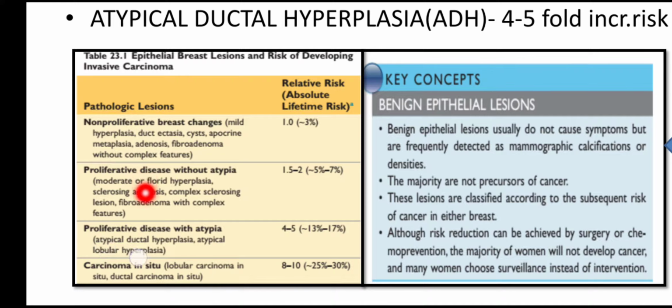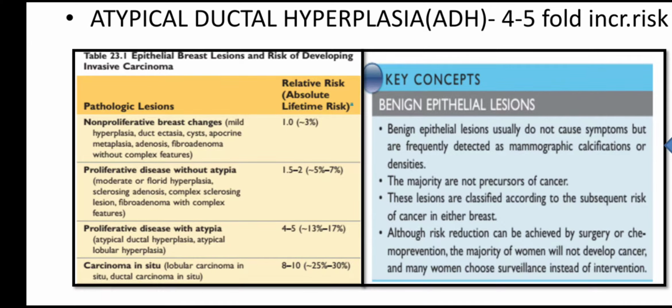Then the second category which we are discussing in this talk is proliferative disease without atypia. So florid or moderate hyperplasia, sclerosing adenosis, as I told earlier, then complex sclerosing lesion. These lesions have 1.5 to 2 times increased risk of development of breast carcinoma. Then proliferative disease with atypia, again ADH, and atypical lobular hyperplasia, ALH. These have 4 to 5 times increased risk of progressing to breast CA.